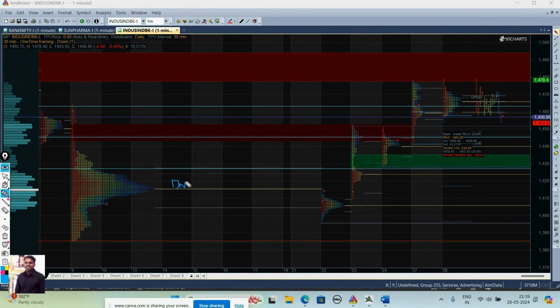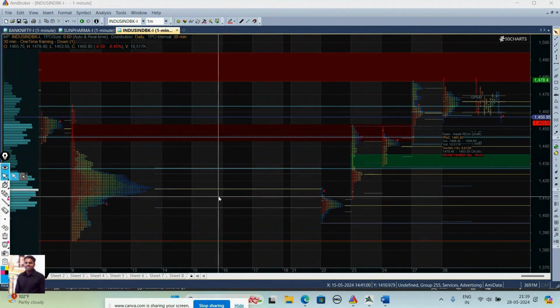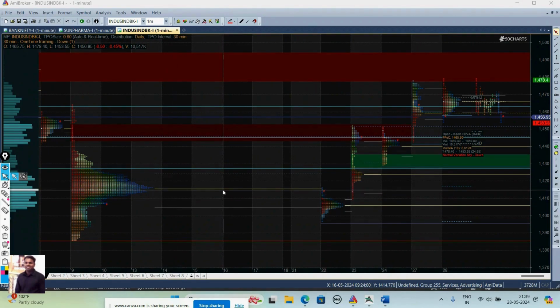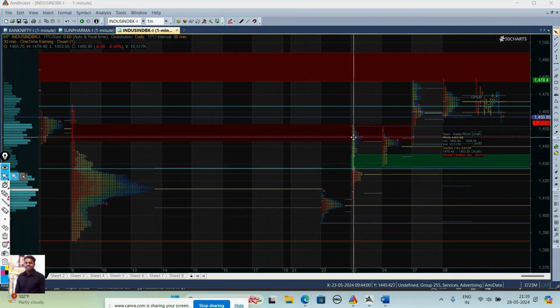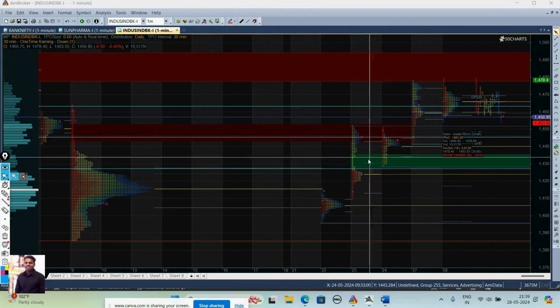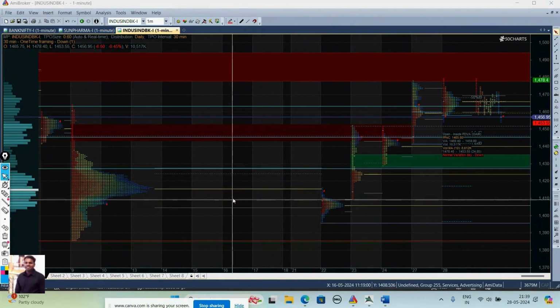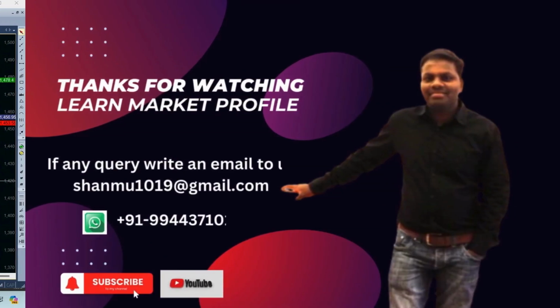It will give the development stage, whether the bell curve is developed fully or partially. So according to this, you can take the entry and make the trade setup with the targets, whether you trade in futures, options or the cash market. Okay, thanks for watching.